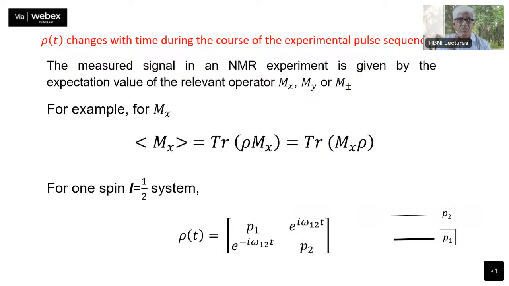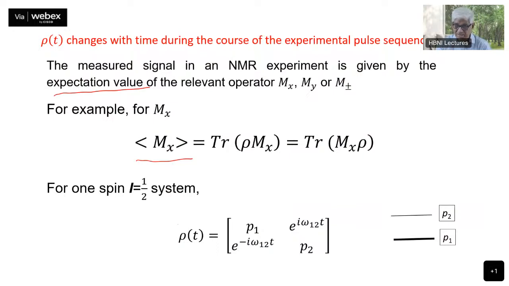In quantum mechanical terms, that is represented as the so-called expectation value, and that represents the measured signal. For example, if I am measuring the x magnetization, this is represented by this kind of term here, called the expectation value, represented by two arrows here with Mx in the middle. But in terms of the mathematics, it is the trace of the density matrix multiplied by Mx.